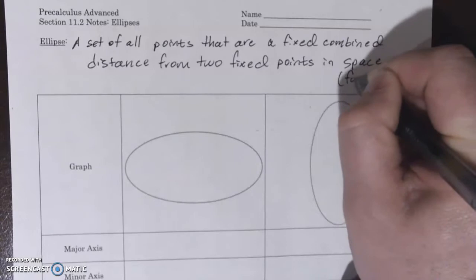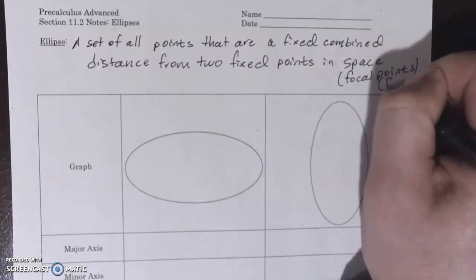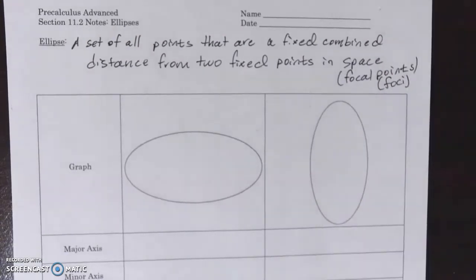And we call those the focal points, or the foci, meaning one would be a focus, multiple would be foci, also known as the focal points.